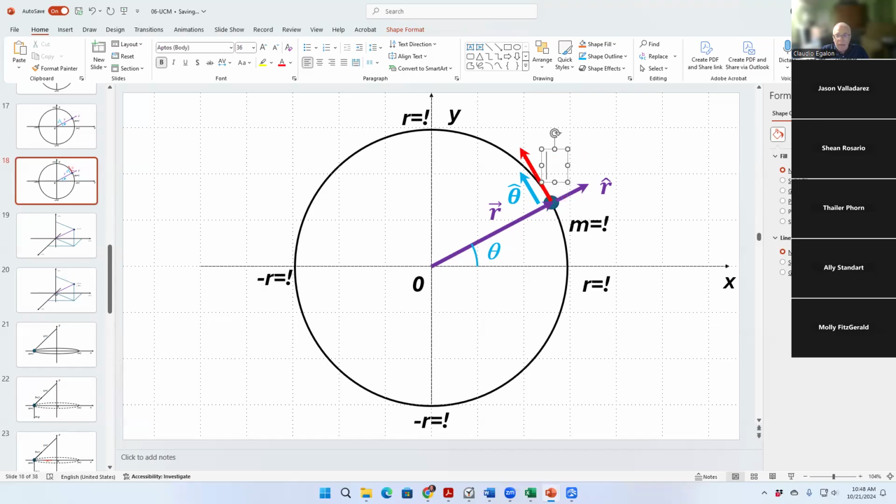He's not going to cooperate with me. Okay, let's leave it this way. Those two vectors are parallel to each other.